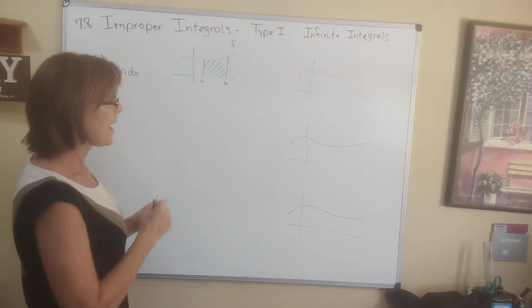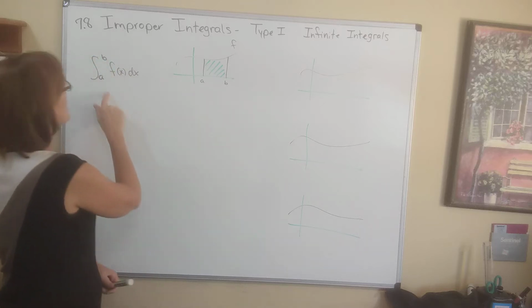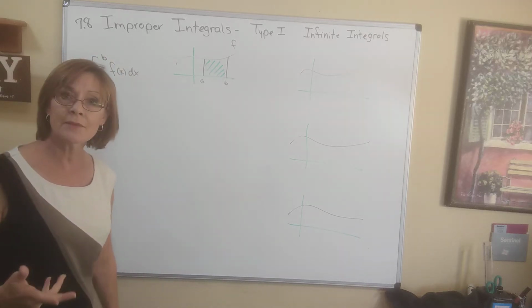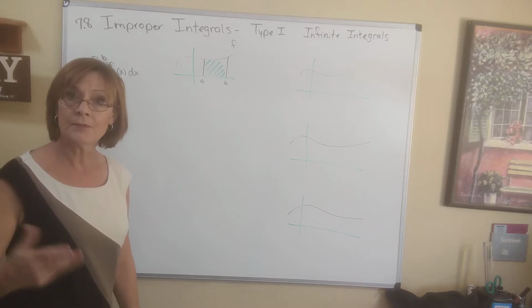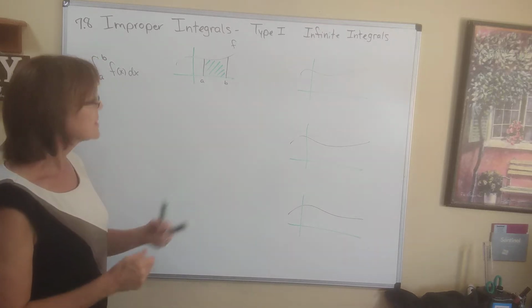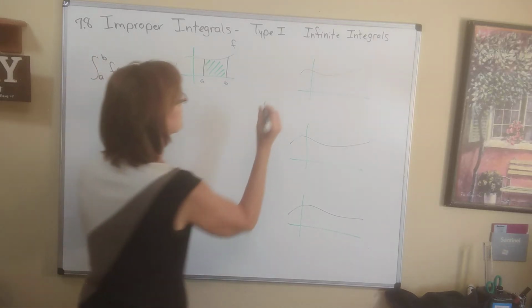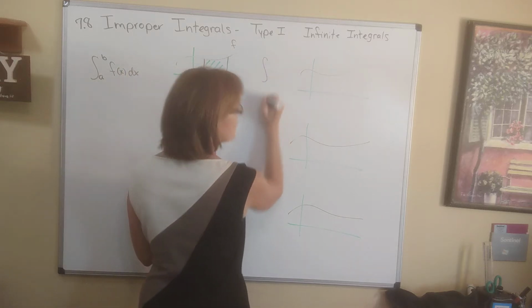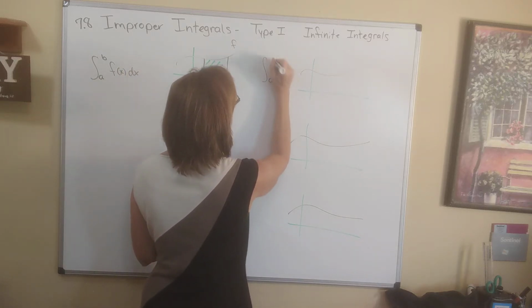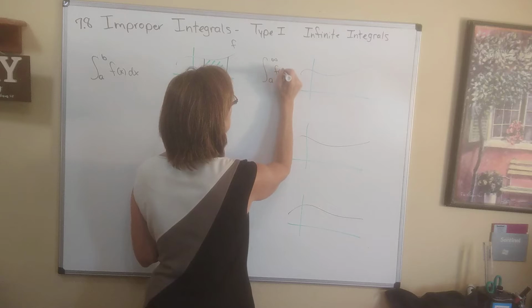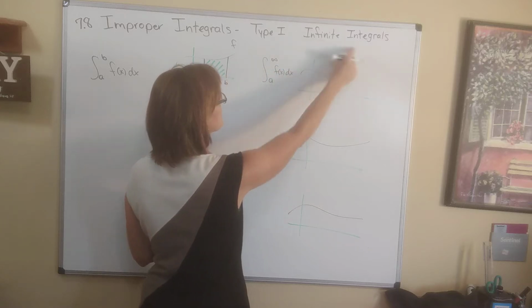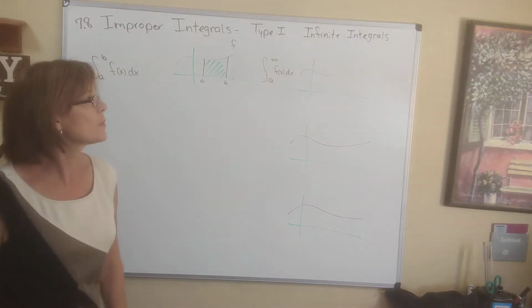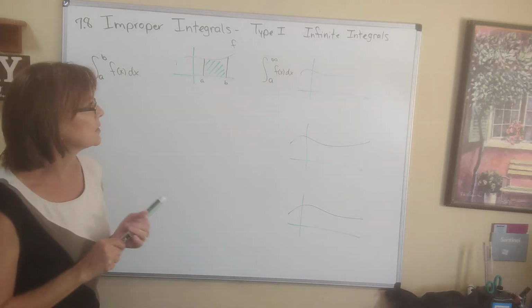So what happens if we change one or both of these limits to infinity? What happens there? So let's consider this. We've got the integral from a to infinity, f of x dx. Okay, this is an infinite integral. This is improper, but what does this mean that we're trying to do?